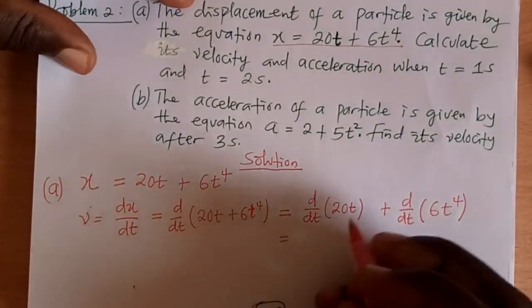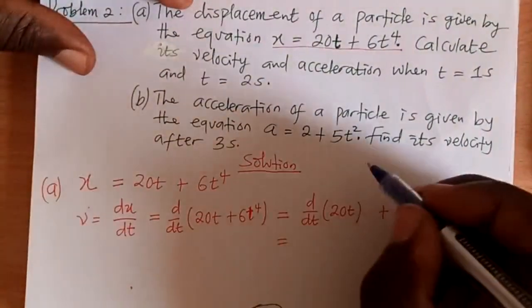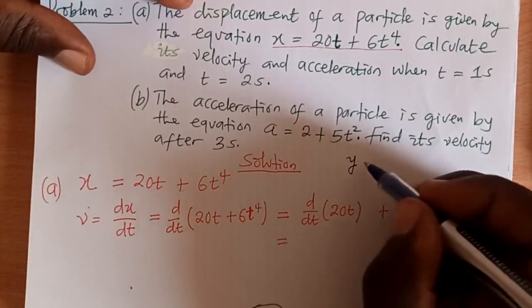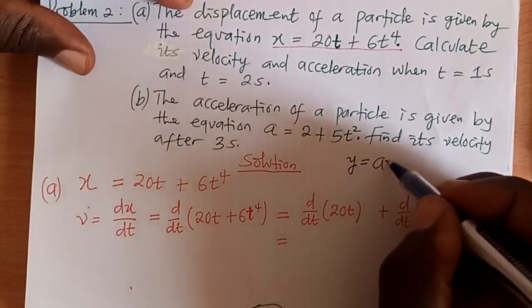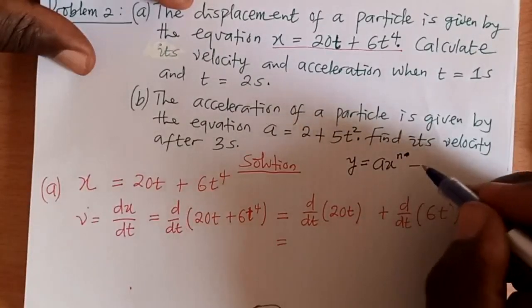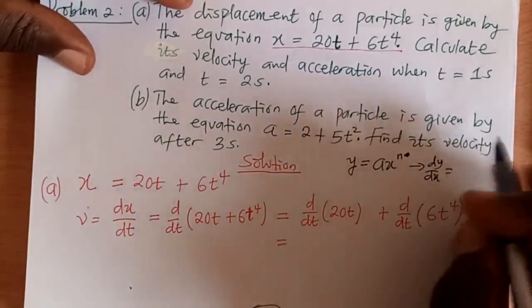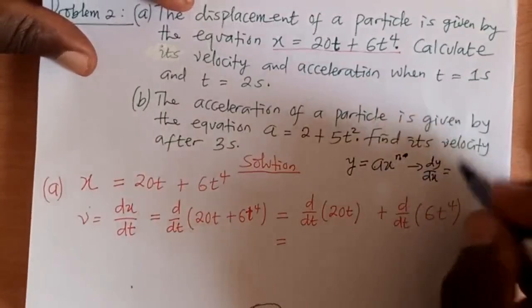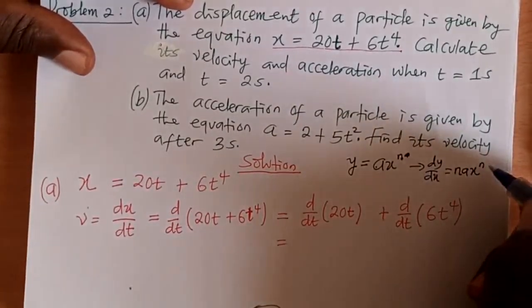Remember this rule for finding the derivative of a function. If I have y equals ax raised to the power of n, then dy/dx equals n a, and then I keep the x there and reduce the n by 1.